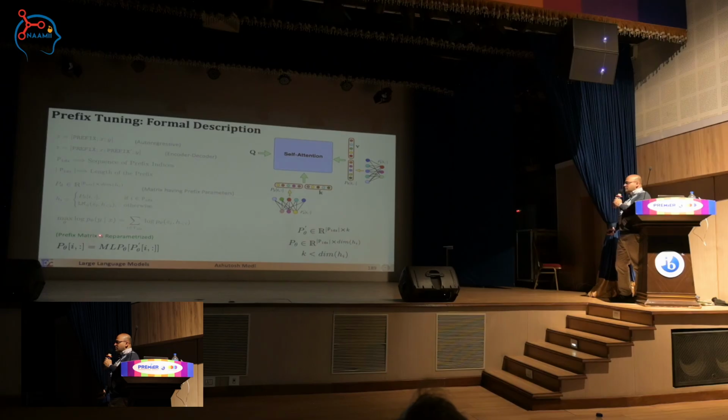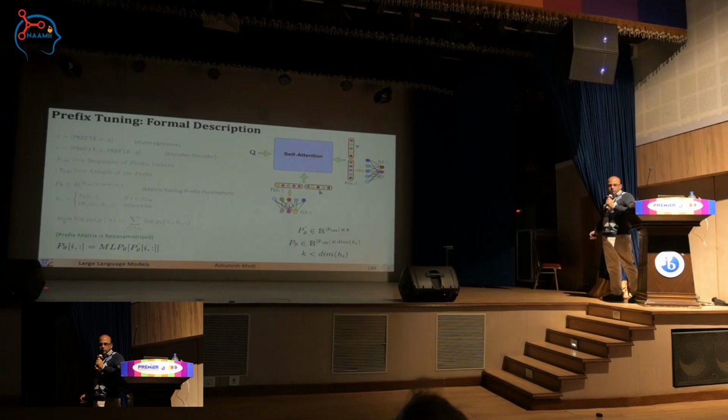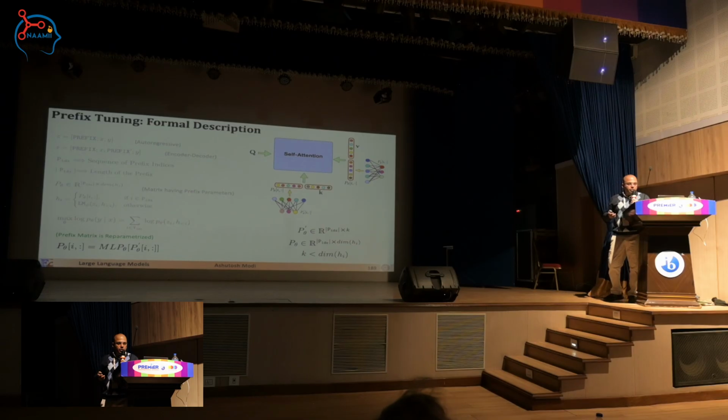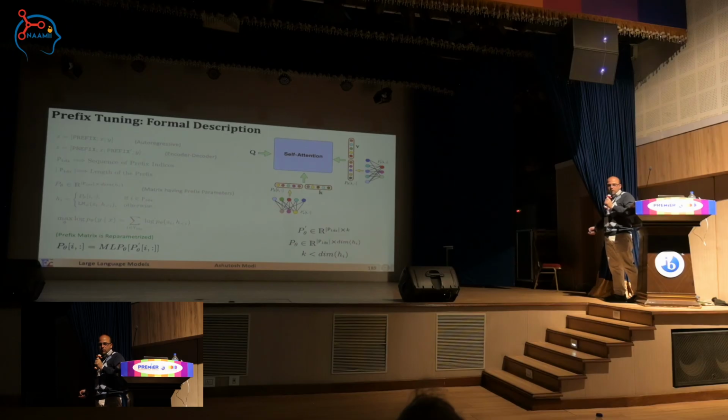What happens is, the prefix matrix itself is reparameterized. This is done to have stability in the model. So you have some prefix vector, you pass it through an MLP, and then get a new prefix vector which is concatenated with the keys and the values, and then the self-attention and everything happens. The reason this is done is it brings in more stability.